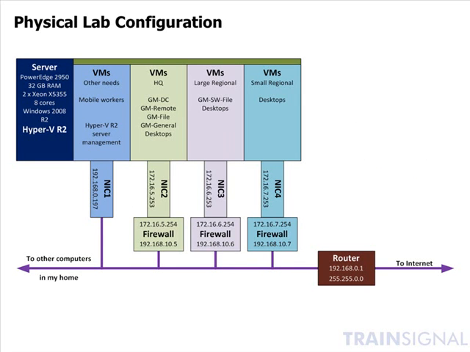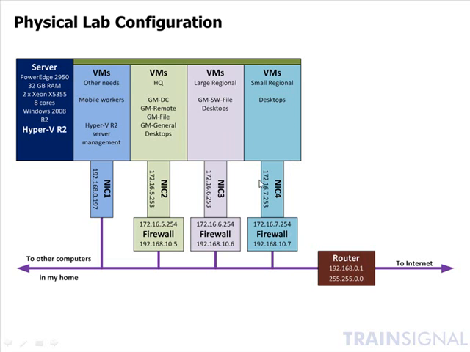And what you're looking at now is my physical lab configuration. As I mentioned, I'm running a 2950 from Dell with these characteristics. It has an 8-core machine, pretty beefy processors, lots of RAM, and it's Hyper-V R2. Starting from the right, I have a container that is just my small regional offices, their desktops, and their laptops.